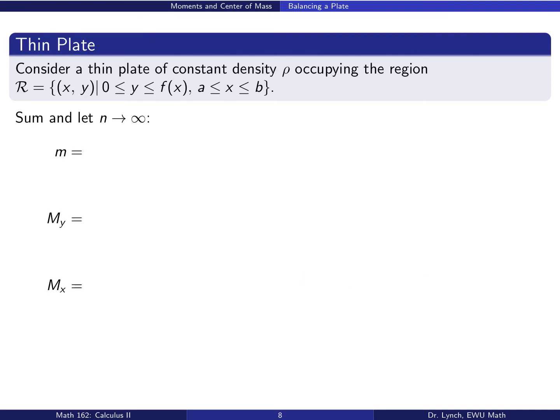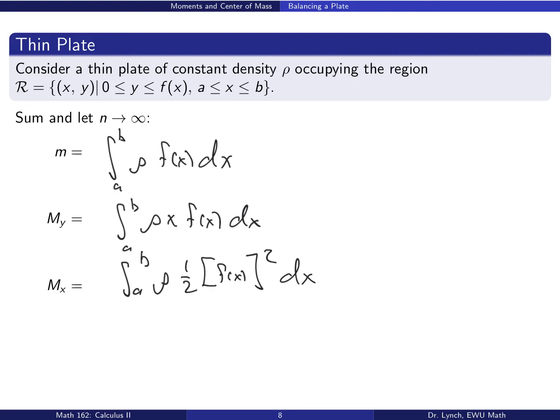Okay, from that, we can think about adding up all of these centroids and centers of mass and letting n go to infinity to find the total mass, the moment about the x-axis, and the moment about the y-axis. And here are those expressions. Again, we get the mass by looking at the integral of the density times a little bit of area.